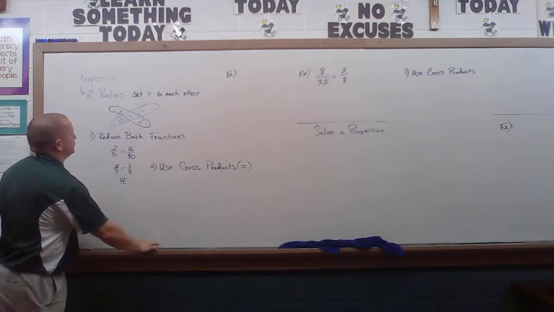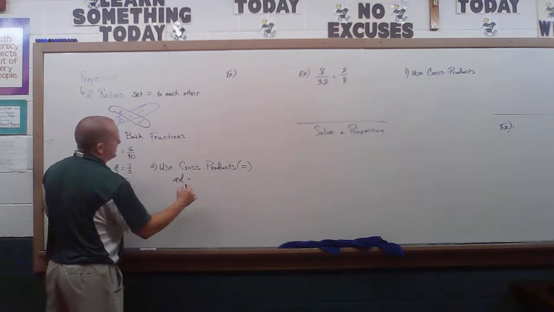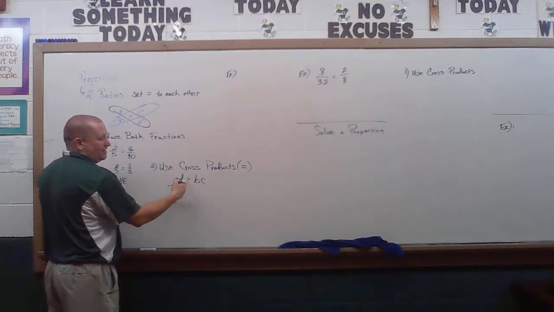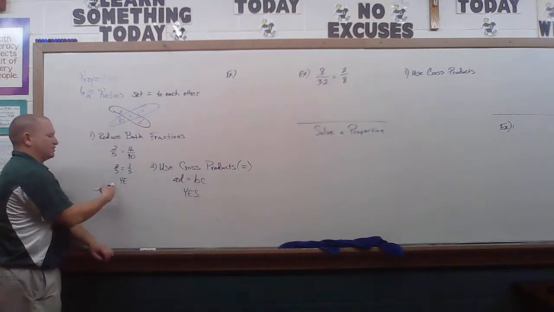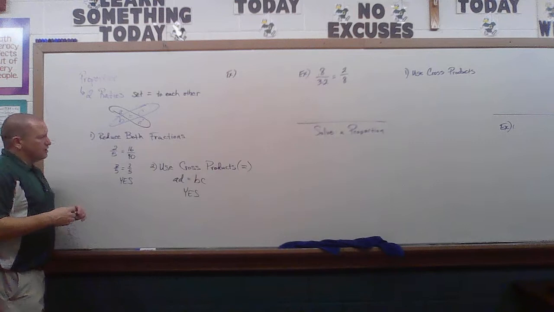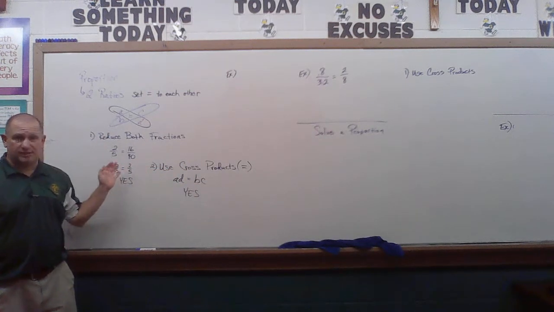And then if we show that AD is equal to BC, if when we do the products they are equal to each other, then we can also say yes, as we did over here. Okay, so it's the exact same thing, just two versions of it.